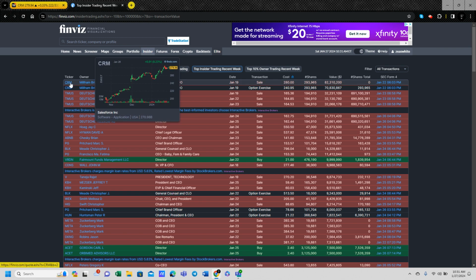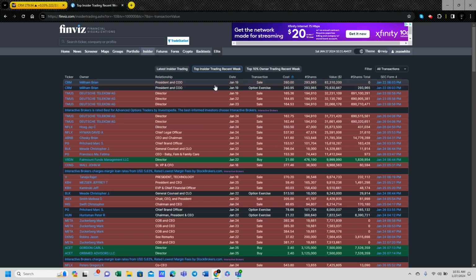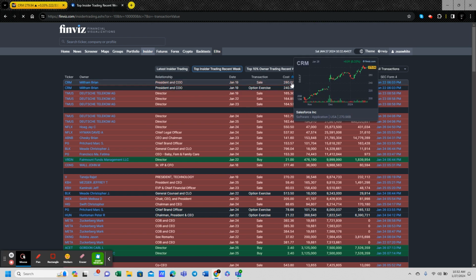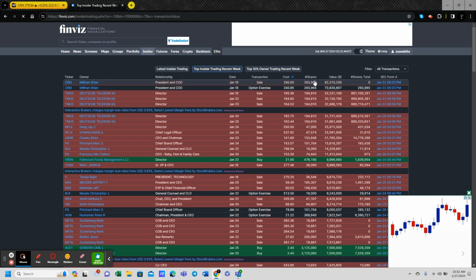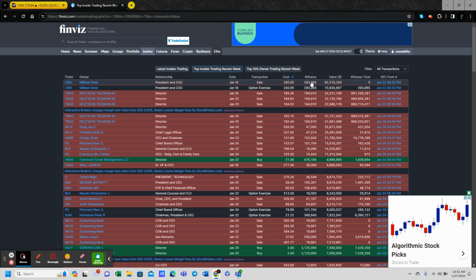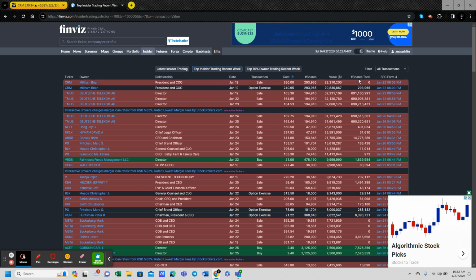The first one is Salesforce, right? It gives you the relationship, the owner, the date, the transaction, whether it was a buy or sell, the cost of when that sale occurred, how many shares were sold, and the value of it. It also shows how many total shares they own.